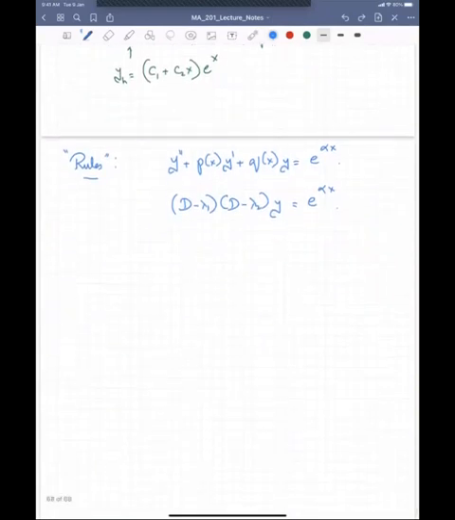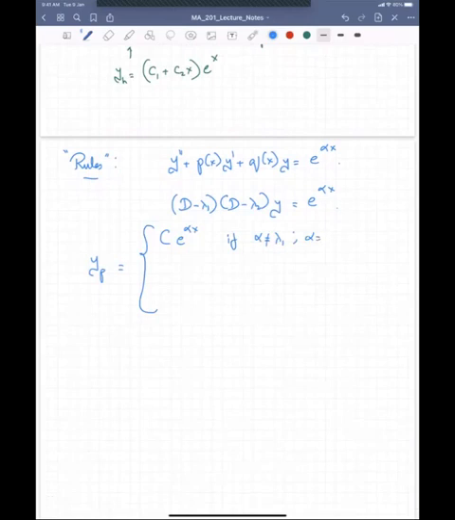motivate us to claim that there are three classes of particular solution that you can write for problems of this kind. Y_p would be equal to c times e to the alpha x itself if alpha is not equal to any one of the roots. Obviously lambda 1 and lambda 2 are distinct; that is inbuilt.